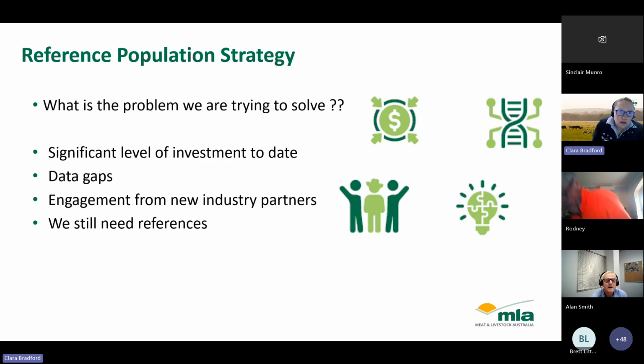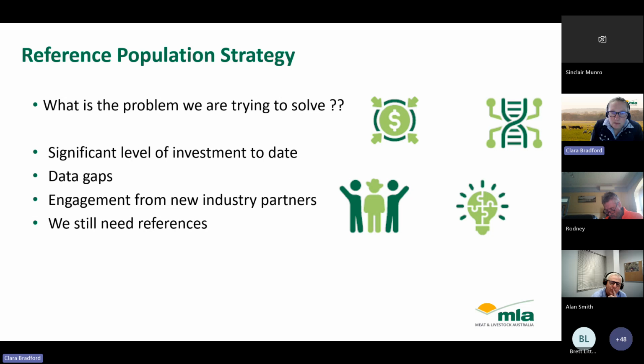And the other thing that really came up is that reference populations are still important to do. If we don't do them, we end up having decay in terms of accuracy across our products that we can deliver.